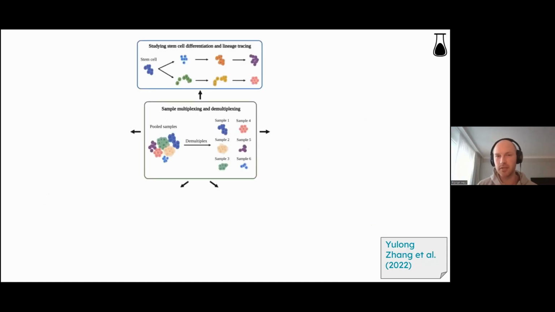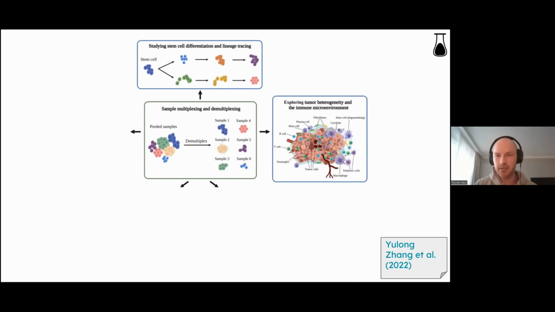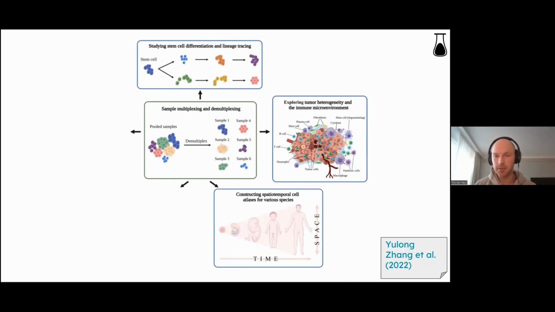However, there are also other possibilities you might use single cell to investigate. So you might in general also be interested in stem cell differentiation, so how stem cells develop, to find basically a baseline for cell development. Tumor heterogeneity, I already talked about.